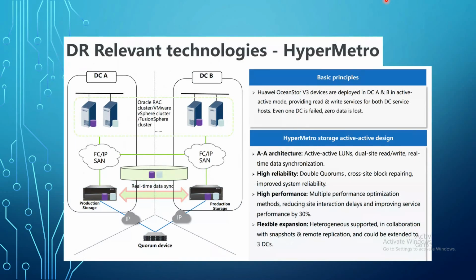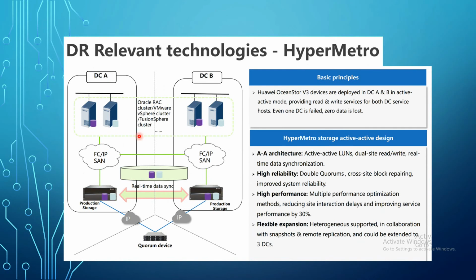Okay, now there's another technology, Hypermetro. If you want to do an active-active solution, Huawei has the Hypermetro solution in storages that you can use to create an active-active data center. For active-active, we need this quorum device. For example, there is a heartbeat between the two storages, so they can check each other that both storages are up and running.